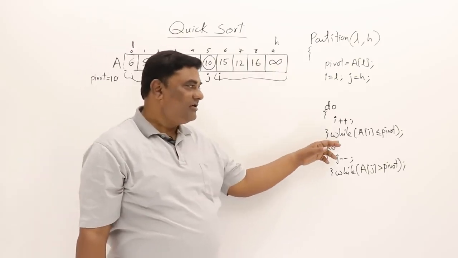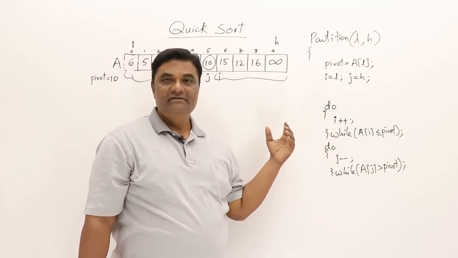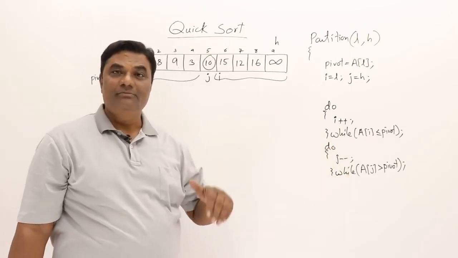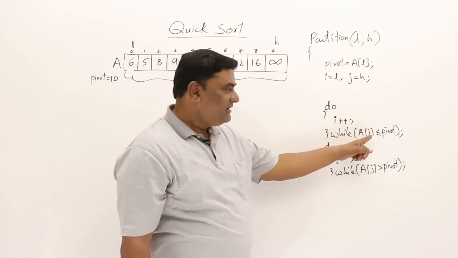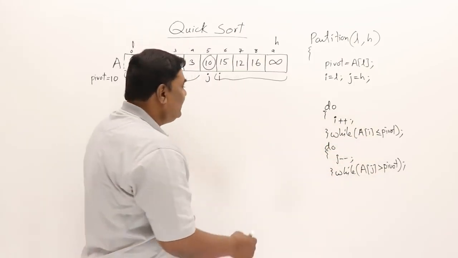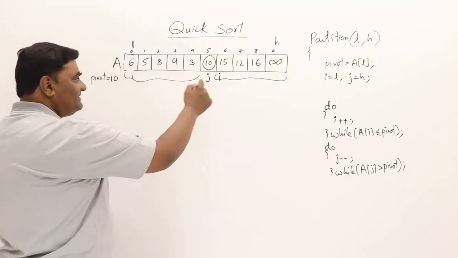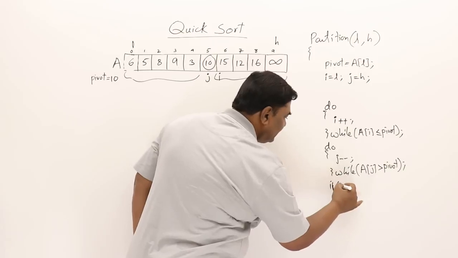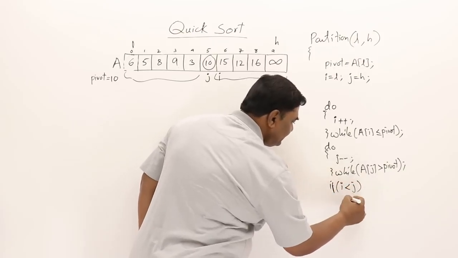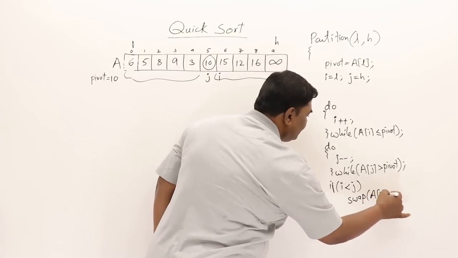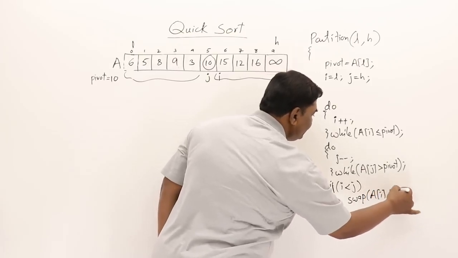So i will stop if it gets any greater element, and j will stop if it gets any smaller element. So I have written the termination condition here. Then what to do? If i is on this side and j is on that side only, then interchange the elements. If i is less than j, swap A of i with A of j.